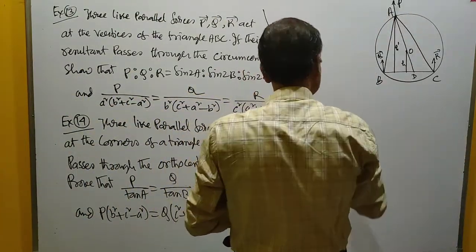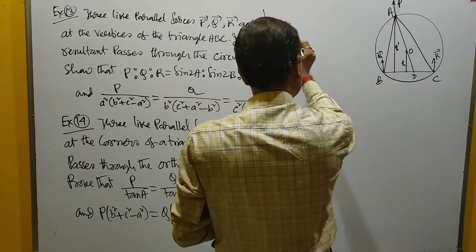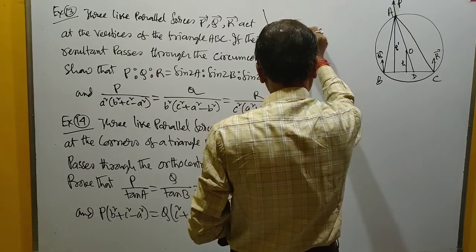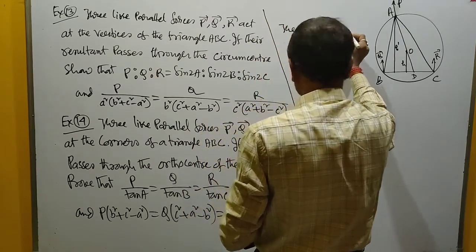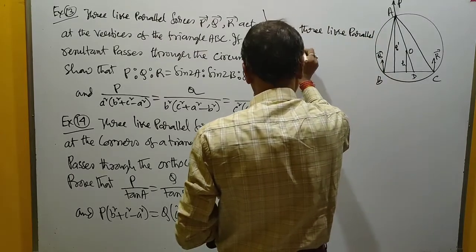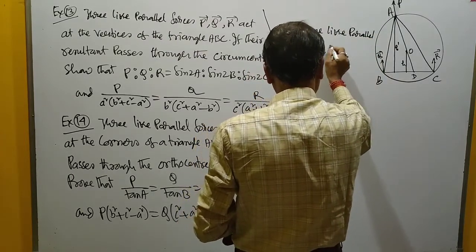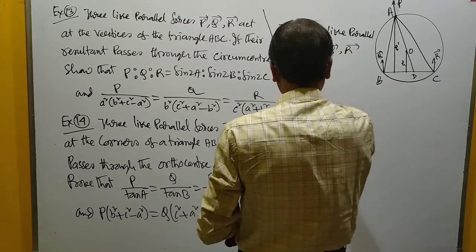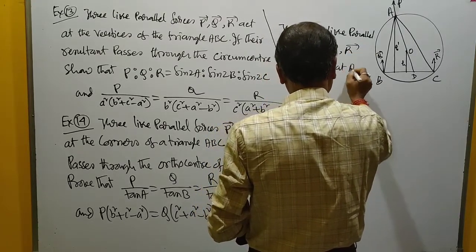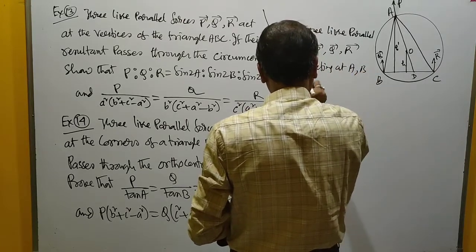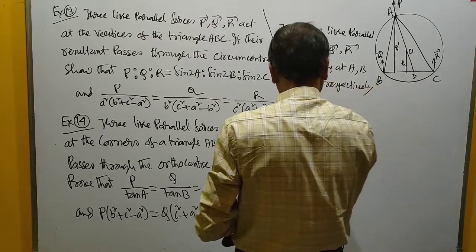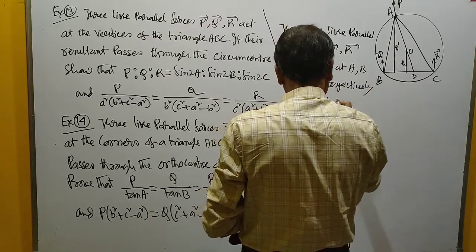Now, let me write. The three like parallel forces P, Q, R are acting at A, B and C respectively of the triangle ABC.